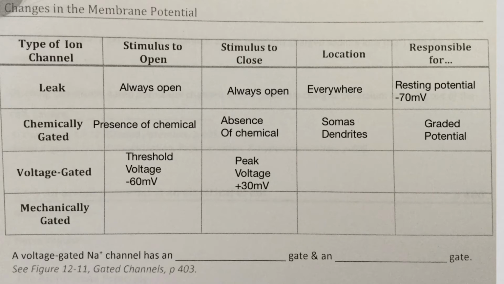The synaptic knobs will actually have voltage-gated calcium ion channels, which will regulate the release of the neurotransmitter. And so the voltage-gated ion channels are responsible for your action potential.